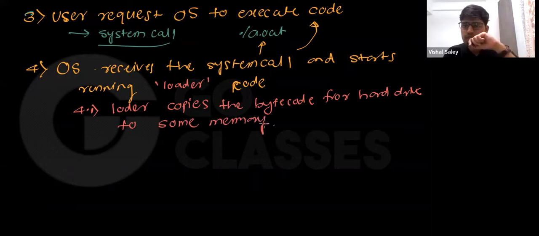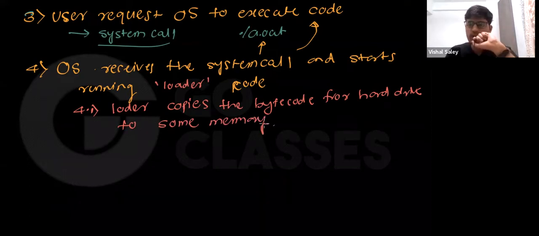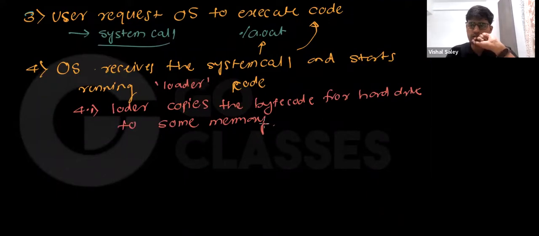So what is the doubt in the third point? Whenever the user wants to run some program, it has to request the operating system saying, okay, I want to run this, right? That is the design that we have been following. Any request that the user makes has to go through the OS through a system call, because we want to have that mode thing.